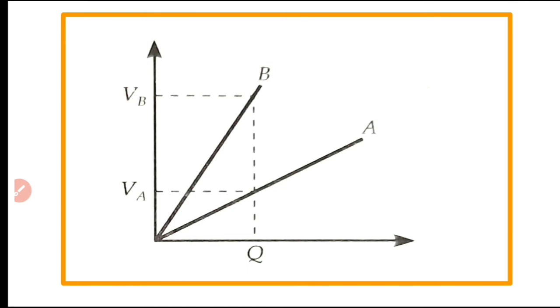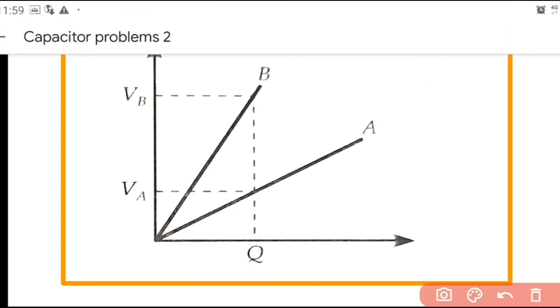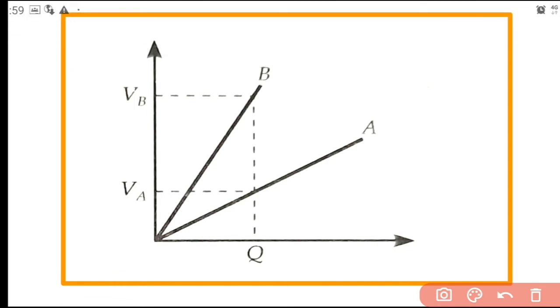Okay. So, in the graph, we are considering 2 points. That means at the same value of Q, we are considering the 2 points on the graph. So obviously the two values of potentials are different. For capacitor A, that potential is VA, and for capacitor B, the potential is VB.